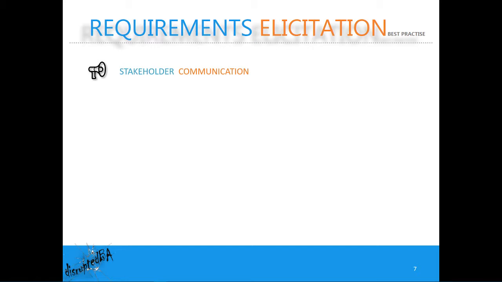Stakeholders must be part of the process every step of the way, and they must feel like they are part of the process. It's no use saying that they are a part of the process, but they don't feel that they are part of the process.